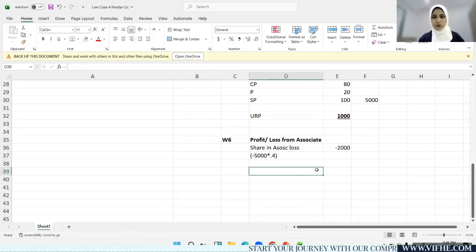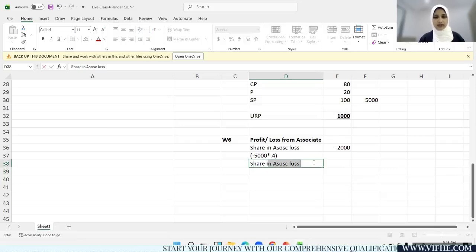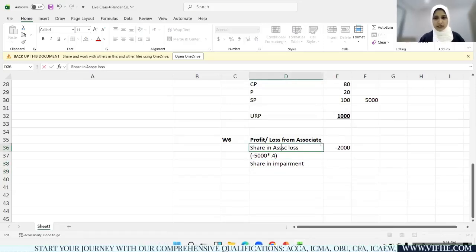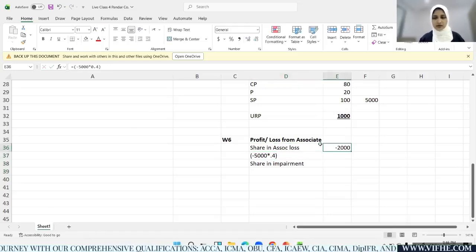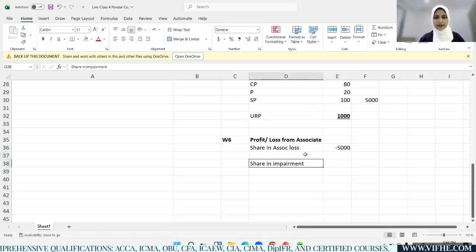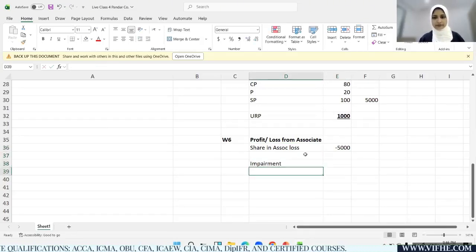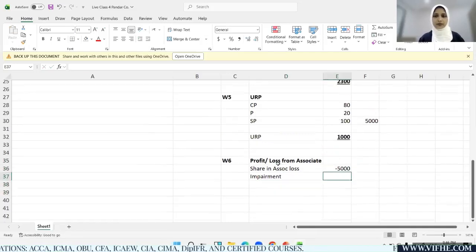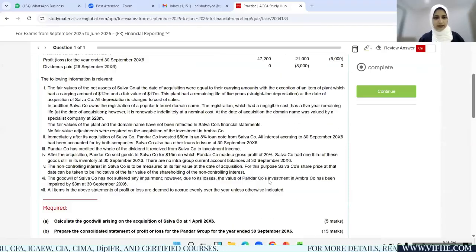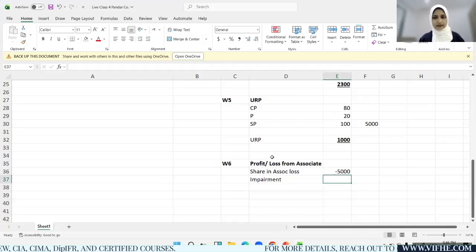Then I have to take the impairment element also. So share in impairment, or you can take associate's complete loss, associate's complete impairment, and then just take a share in it. So that is also okay. I'll take a full 5 million here, and then I'll take a full impairment here, and then take whatever the percentage. So impairment, they are saying 3 million.